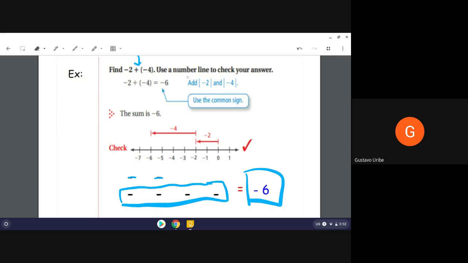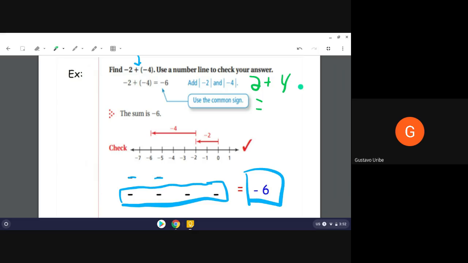Another way to solve this could be using absolute value, which we learned in the last section. So I could add the absolute value of -2, which is 2, and then add the absolute value of -4, which is +4.